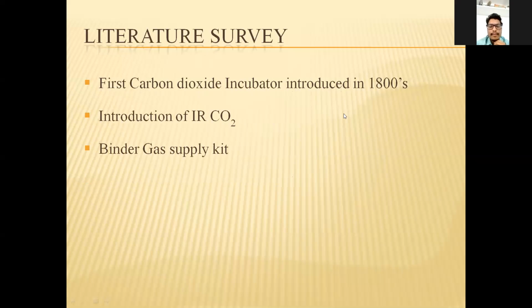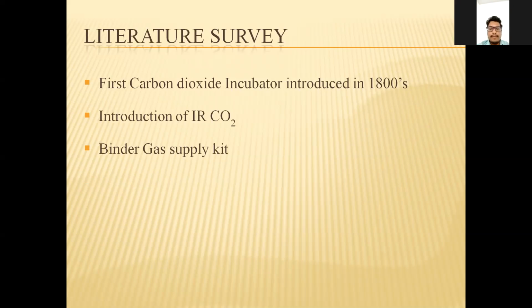For the purpose of our project, we have done a survey, which is called a literature survey. It says that lab incubators were first used during the second half of the 20th century, and the first carbon dioxide incubator was developed in the year 1800, where they used to keep a bell jar with a candle inside it, also called an air jacket incubator.